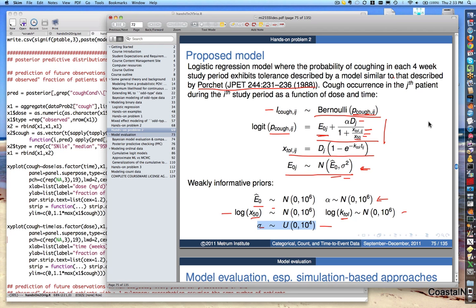Okay, let's see, if dose goes to infinity, I want to say that it's the dose at which the tolerance would be half maximal.